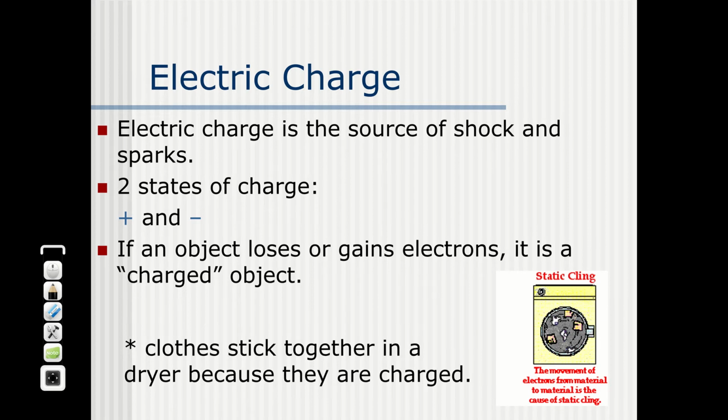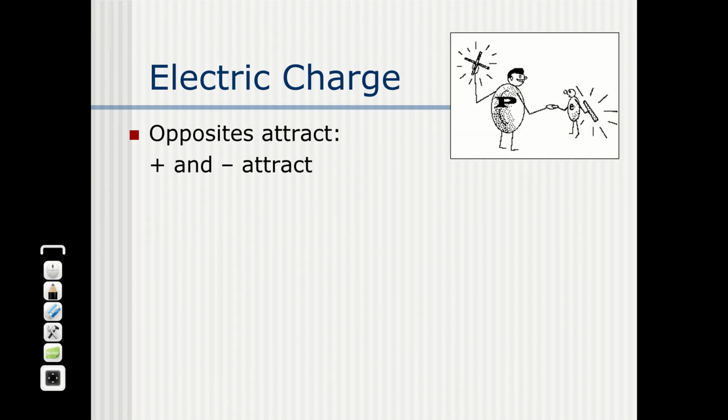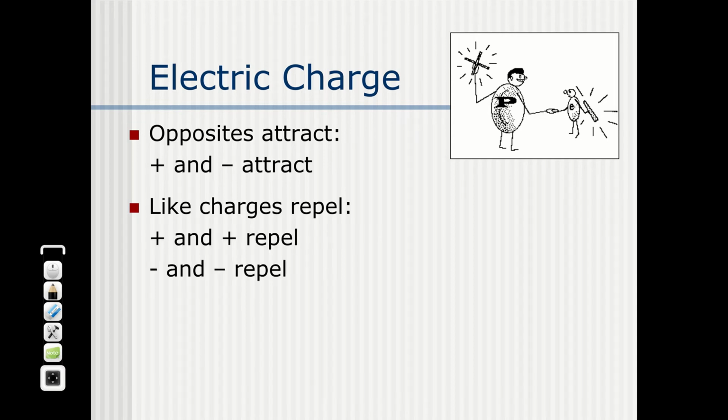If an object gains or loses electrons, we become charged. Again, hopefully this is all review from our earlier units in chemistry. We know opposites attract, positive will attract negative, like charges repel.